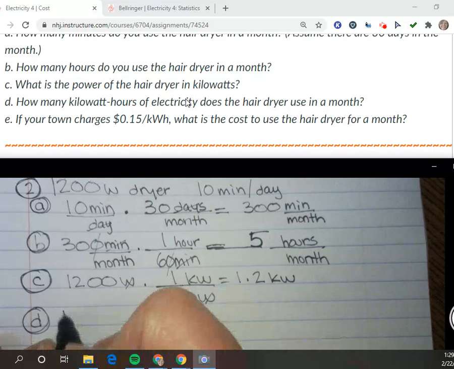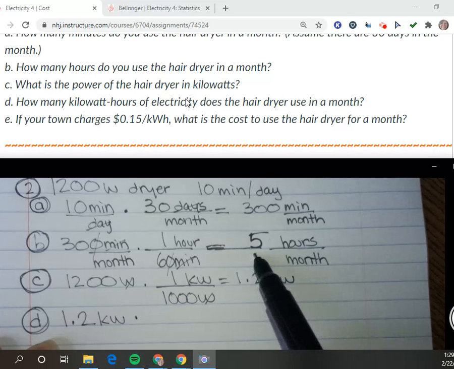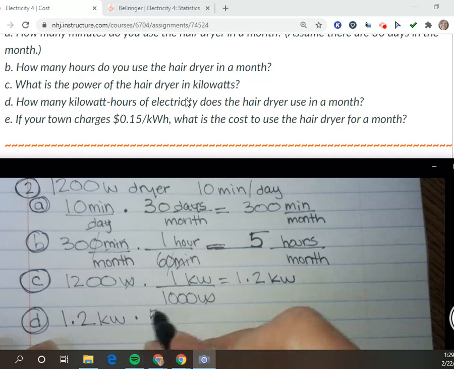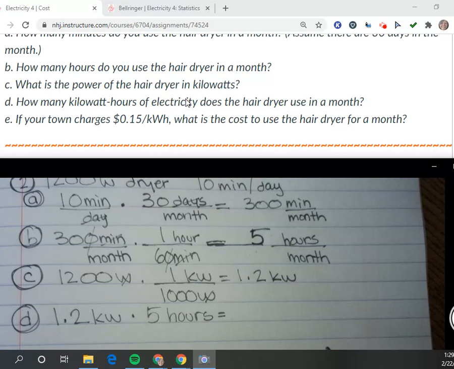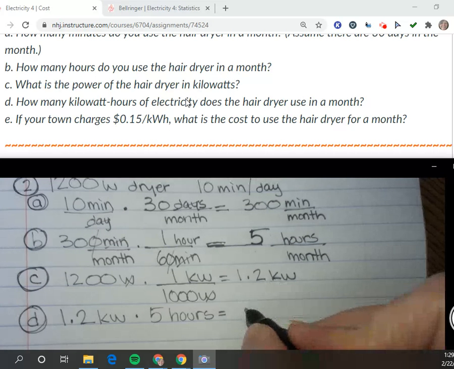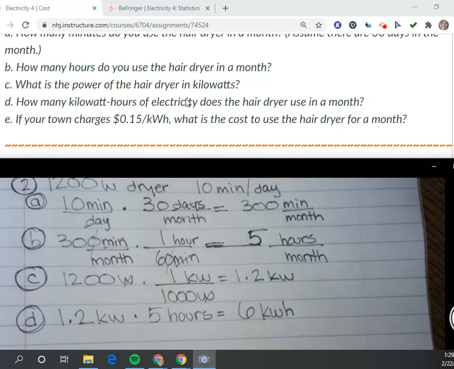So we're going to take 1.2 kilowatts times how many hours did I use it? 5 equals, well, 6. Yep, 6 kilowatt hours.